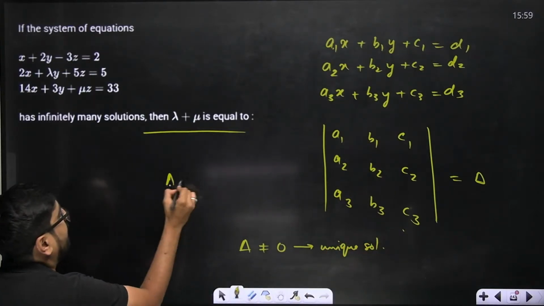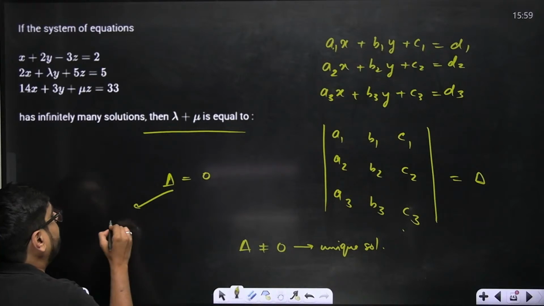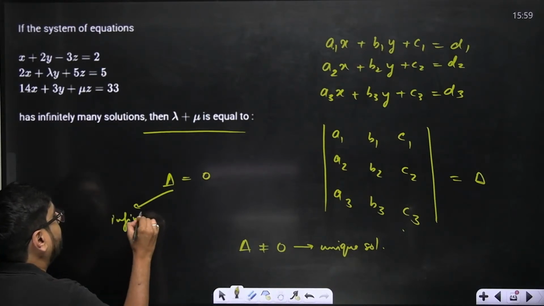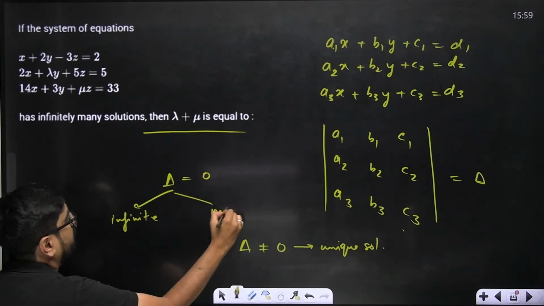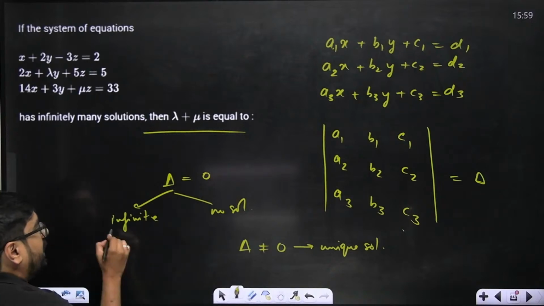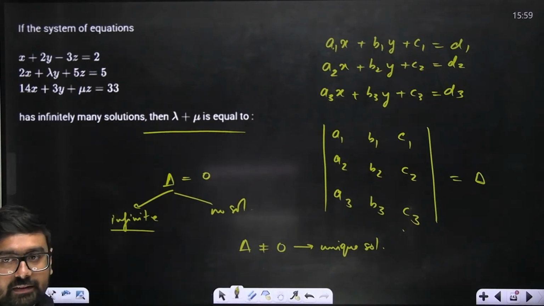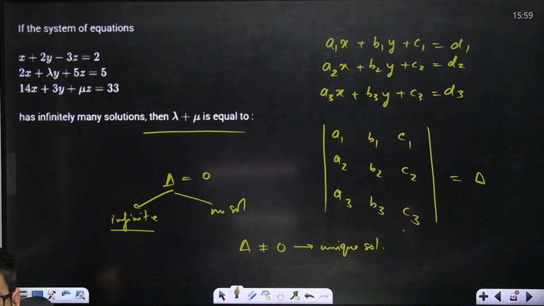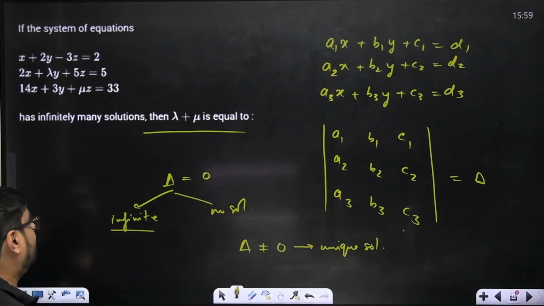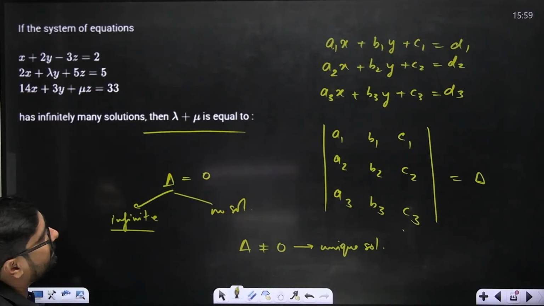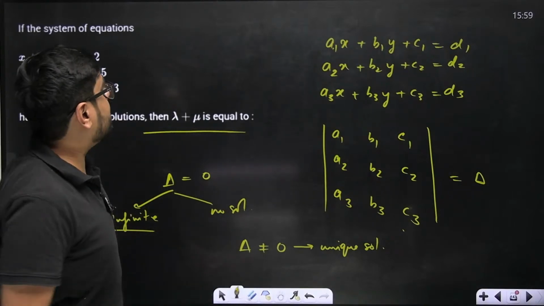But if delta is equal to 0, either you will have infinite solutions or you will have no solution. For infinite solutions, the condition is very simple, but it depends on the values of delta x, delta y, delta z. Now there are three things: delta x, delta y, delta z.